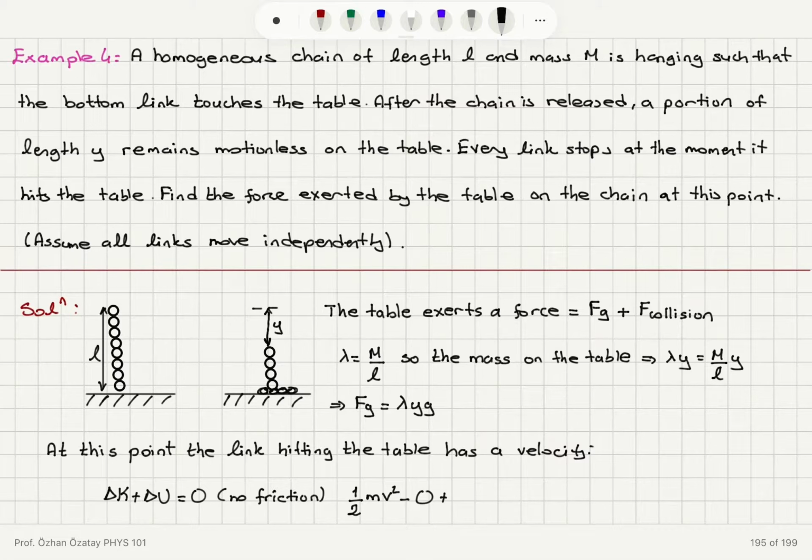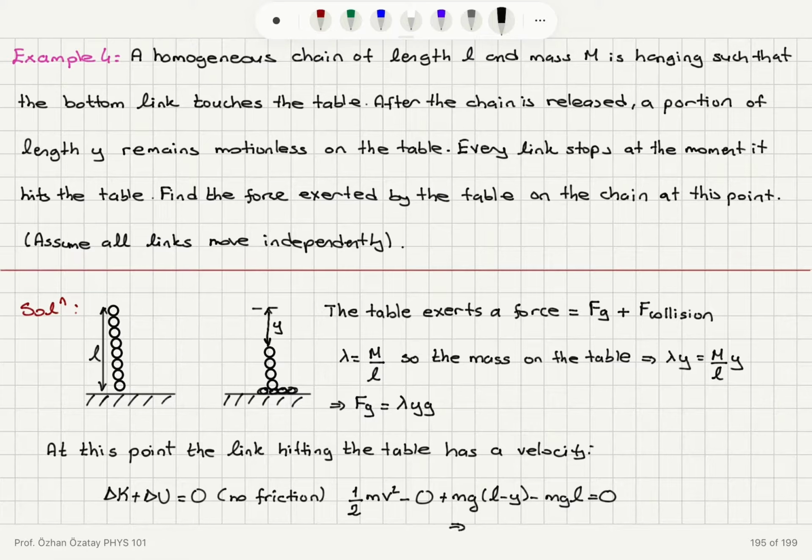So we have a final potential energy mg(L minus y), and an initial potential energy mgL. So this must be equal to 0.